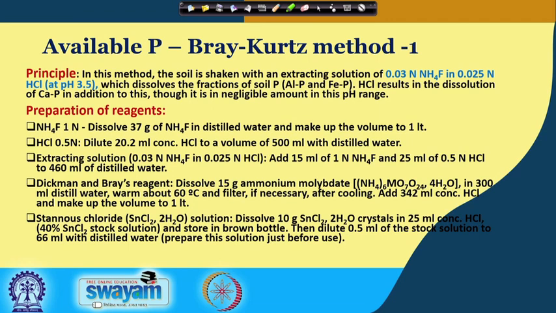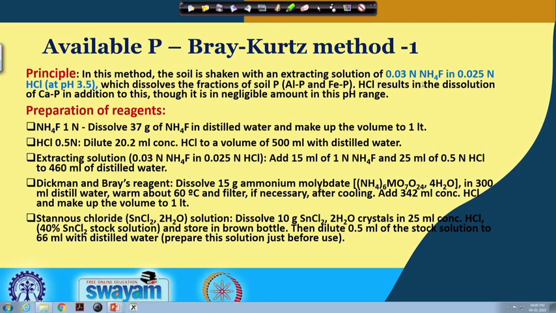So, what is the composition? The composition is basically 0.03 normal ammonium fluoride in 0.025 normal HCl at pH 3.5. This is called Bray and Kurtz number 1 extractant. And how does it help?